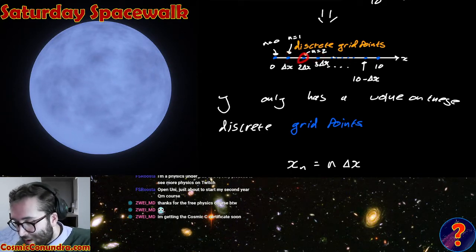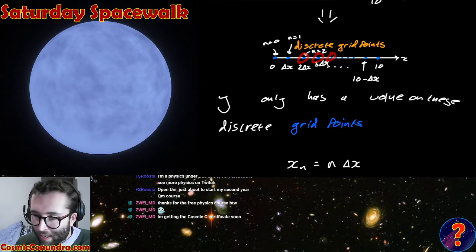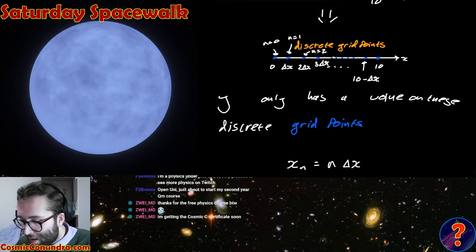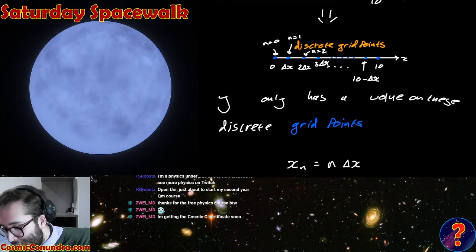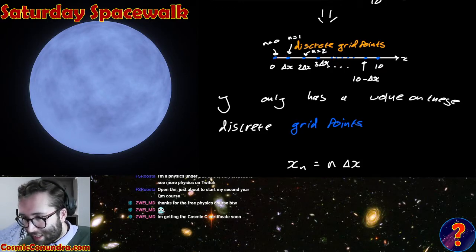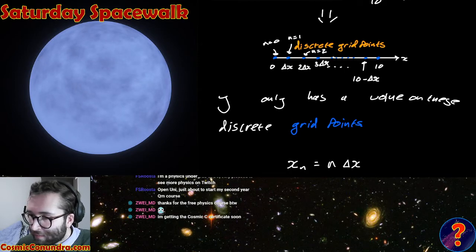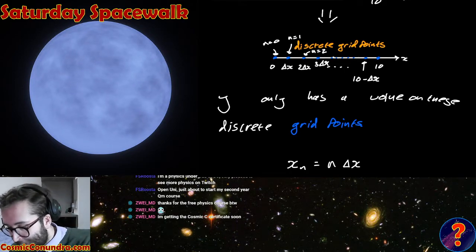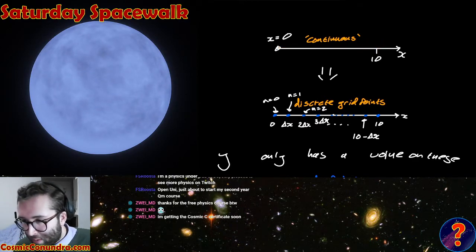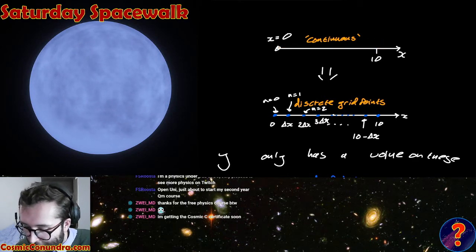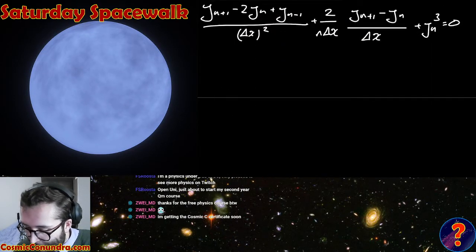Then we'll use the 2 grid point and the 3 grid point to tell us the 4 grid point, and so on. And we evolve it forwards until we know all of these grid points. If we use very tiny steps, so a very small distance delta x, this becomes increasingly accurate to what the real function looks like defined on this continuous line. So it's a way of getting a cheap numerical solution, which is not conceptually hard to follow, I don't think.